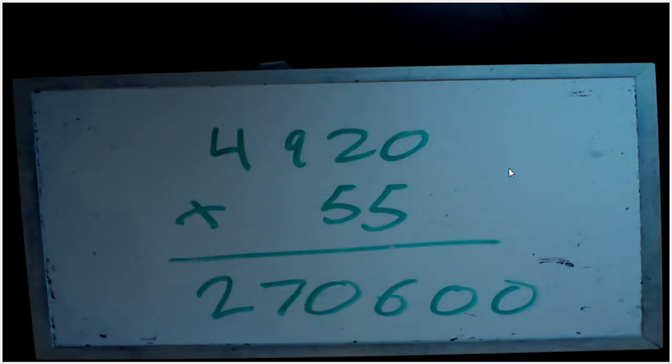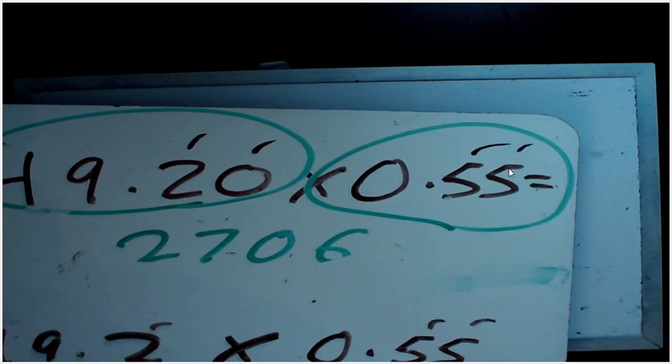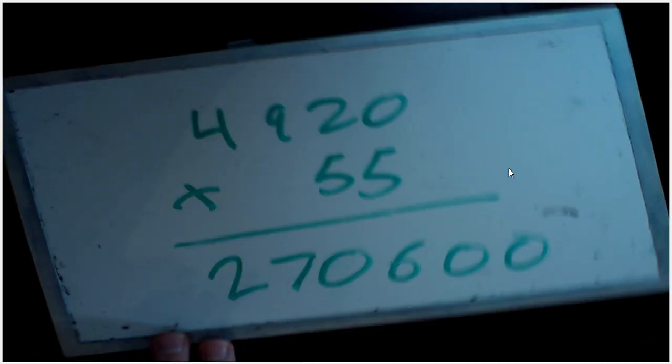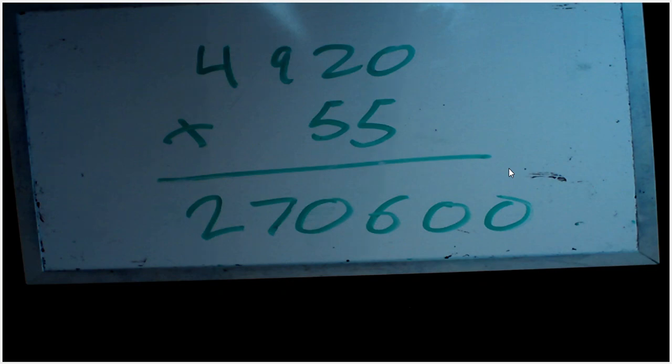So I rewrote 49.20 times 0.55 as 4,920 times 55. And when I solved that on my calculator, because for sake of time, I'm not going to show you the long multiplication steps, you actually get 270,600.